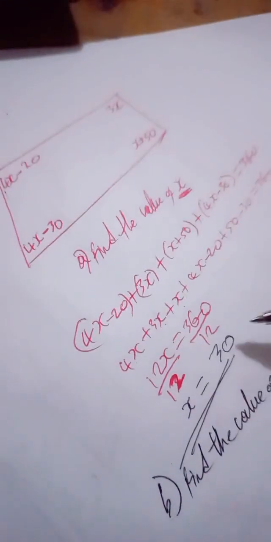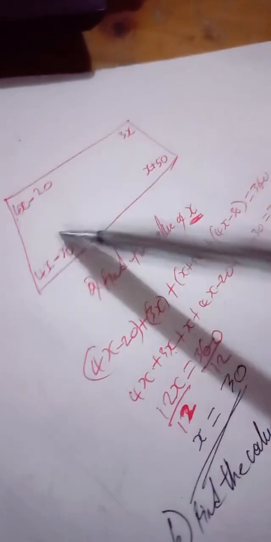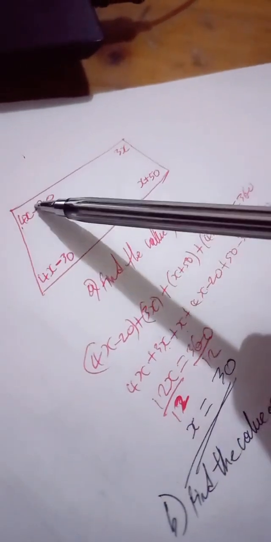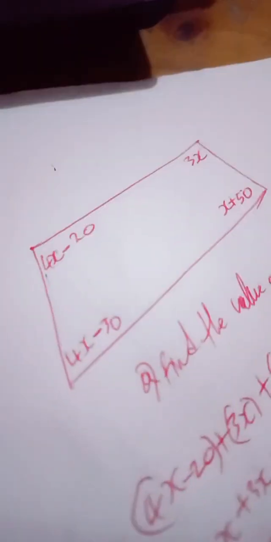Now we know the value of x, so we want the value of each angle. What are we going to say? Replace x with 30 on each angle. So 4x minus 20, write it down. Next angle, 4x minus 30. Next angle, 3x, and then x plus 50.